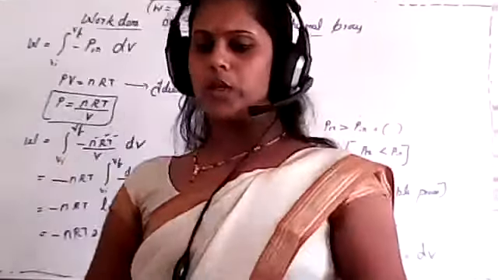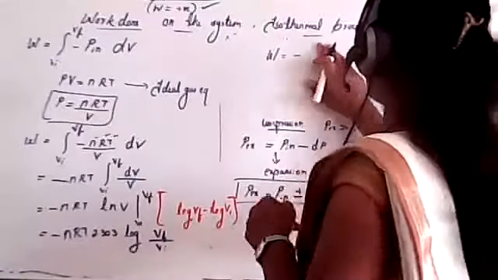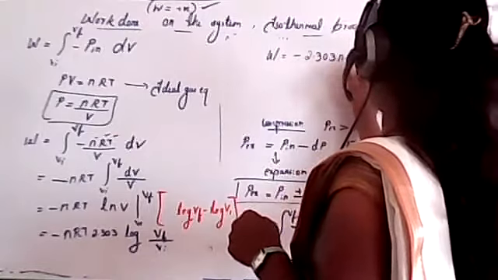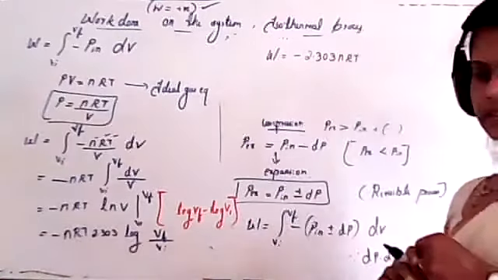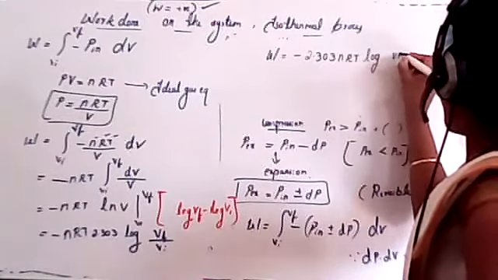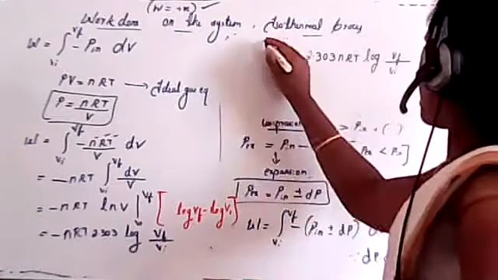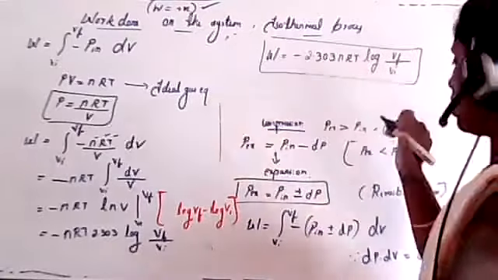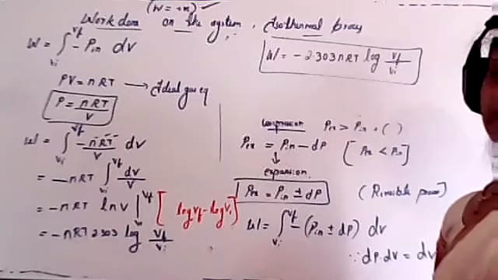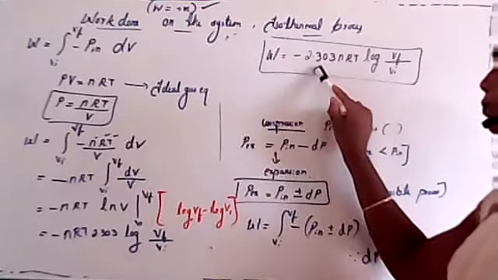Okay, listen, student. So this W equals minus 2.303 nRT, and the final statement is log of Vf divided by Vi. This is very important, and it is for the reversible process.